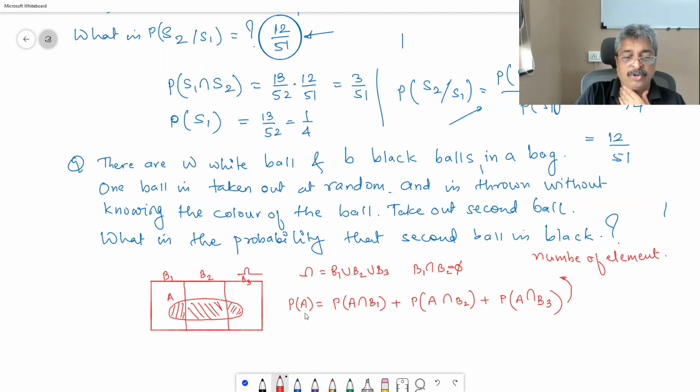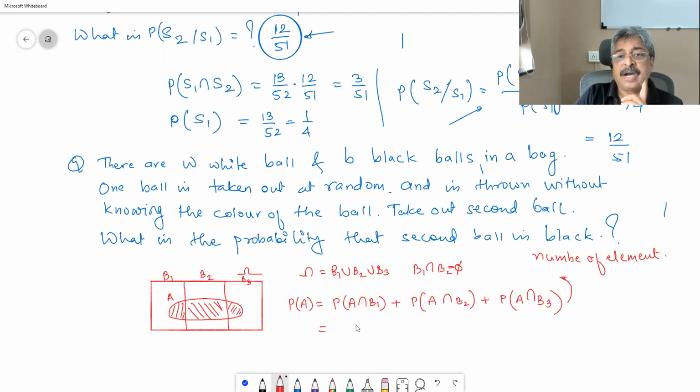Probability of A, if I want to find out, it is the number of elements in set A divided by the total number of elements in the total space omega. That is the LHS, which is as good as writing the probability of A intersection B, that means this area plus this area plus this area. Three areas.